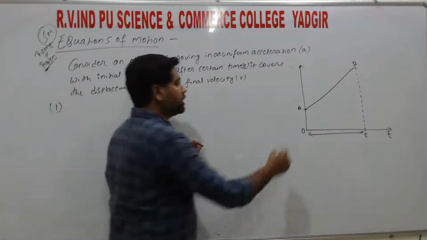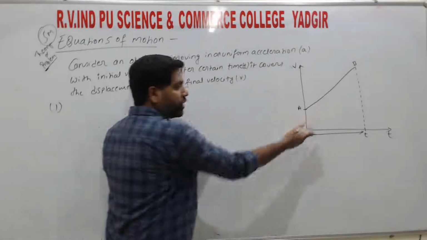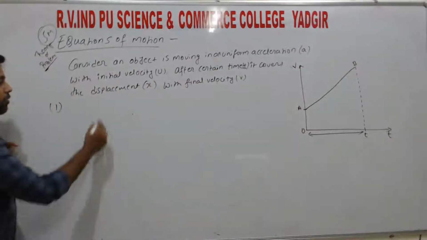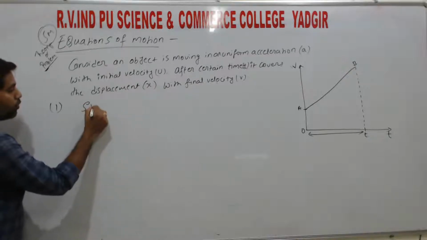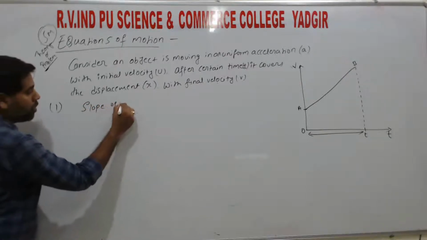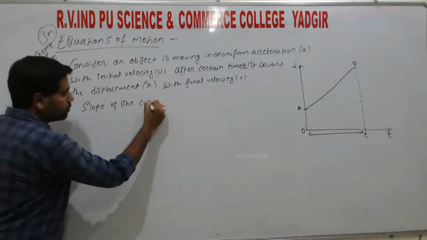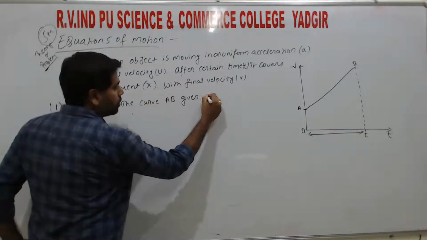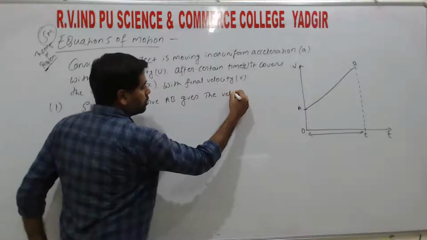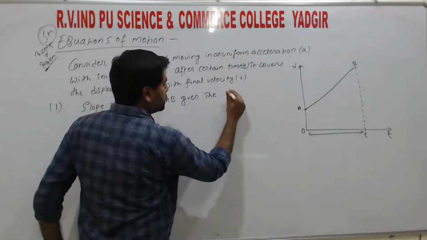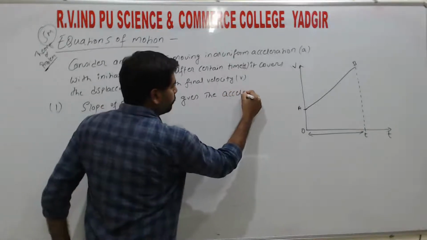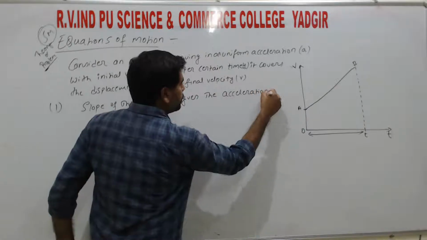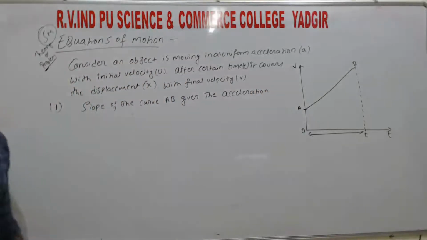From the velocity-time graph, the significance of the velocity-time graph is that the slope of the line AB gives the acceleration. This is the first significance.